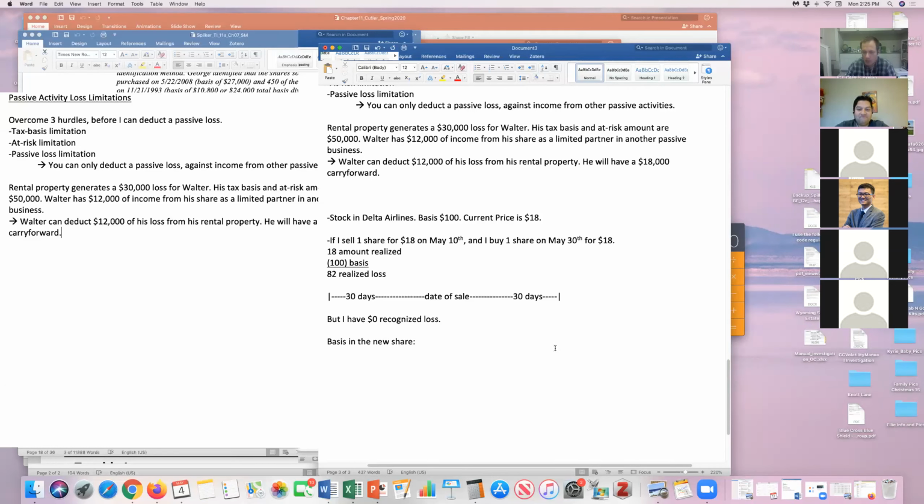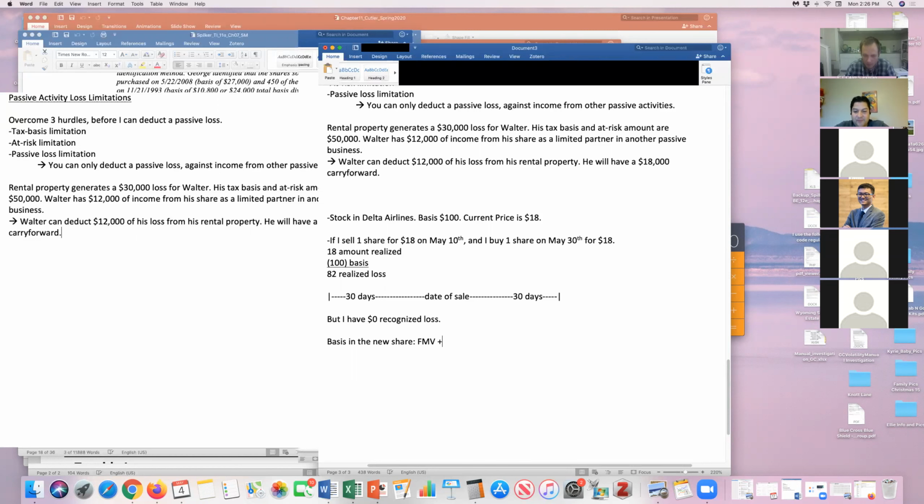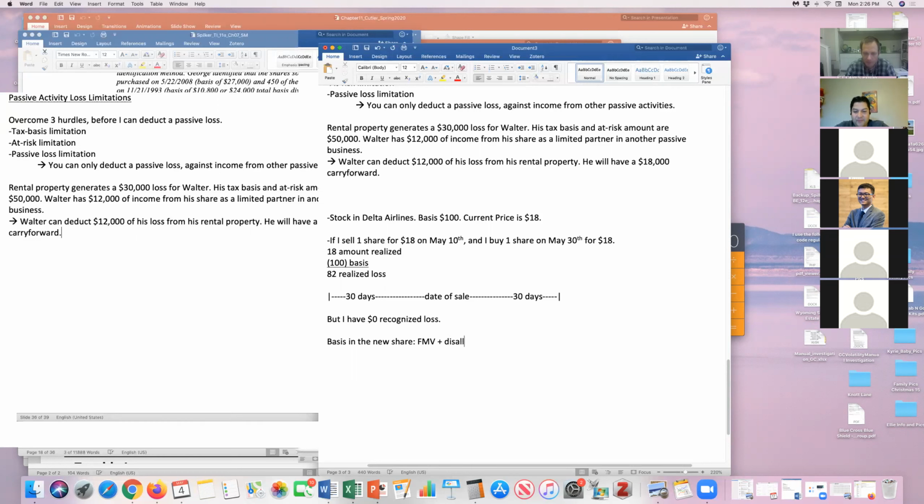My basis in the new share is going to be the share price plus the disallowed loss, so $18 plus $82. If I'm replacing all of the shares, I keep the same basis. That was one example, so it's pretty easy.